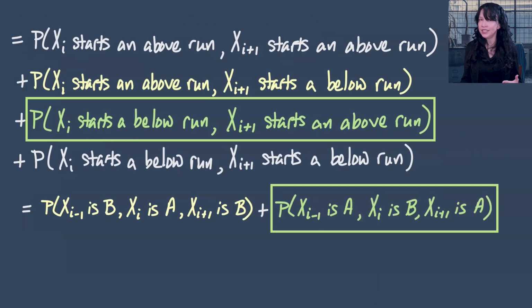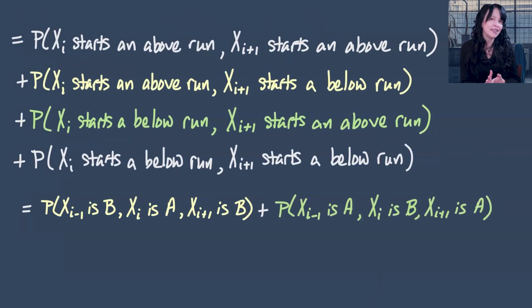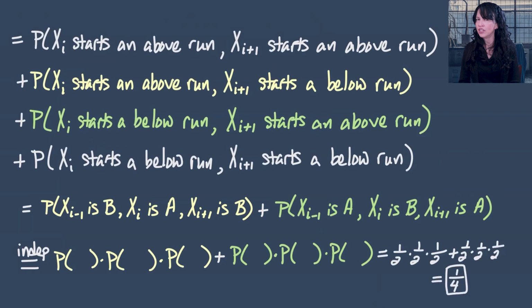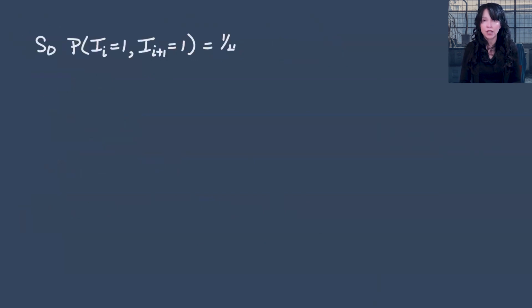But the assumption is that things are independent. Again, we want to see how our statistic, R sub n, behaves when things truly are independent. So I get to break these up into products of individual probabilities, and we know all of these probabilities are 1/2. So we get 1/2 cubed plus 1/2 cubed for a total of 1/4. So if you recall, what we just computed is the probability that I sub i equals 1 and I sub i plus 1 equals 1, and we got 1/4.